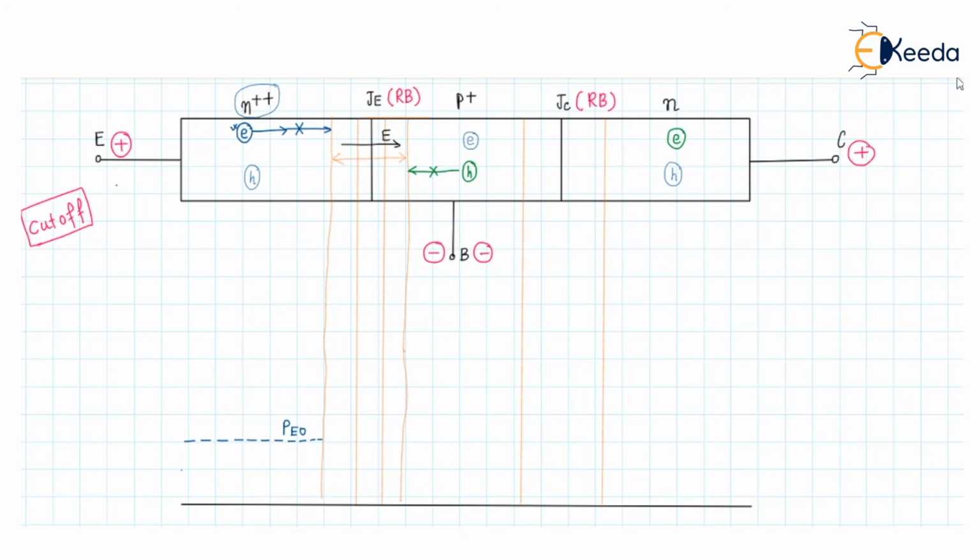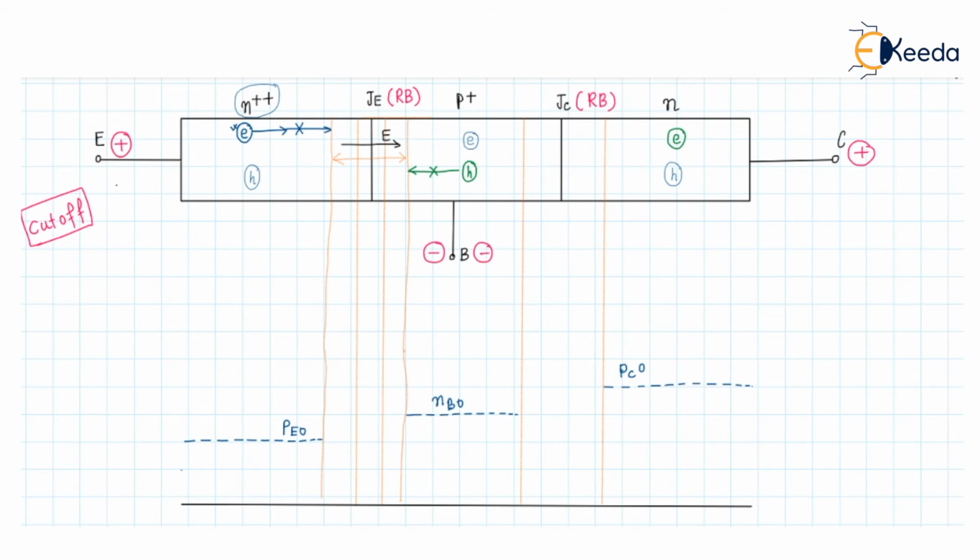So the minority carrier concentration profile will be higher here inside the base than the emitter, and here it will be NP0, and the minority carrier concentration profile inside the collector will be higher than the base, because the collector region is lightly doped with respect to the base. So it will be PC0.